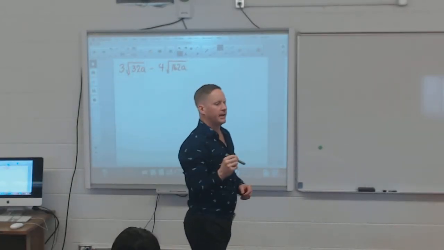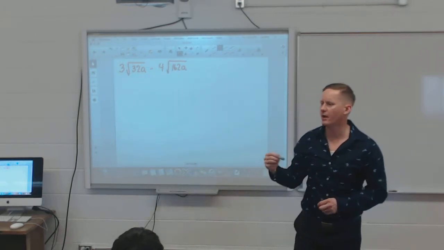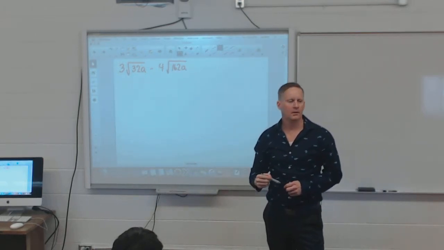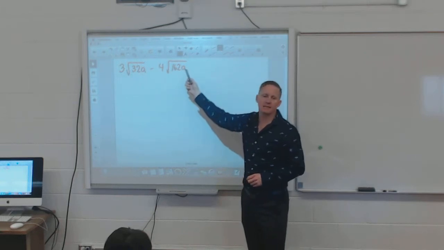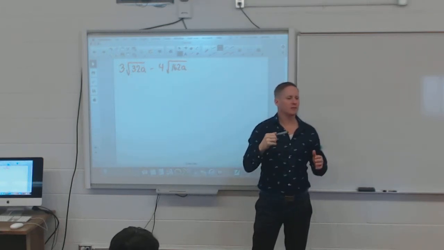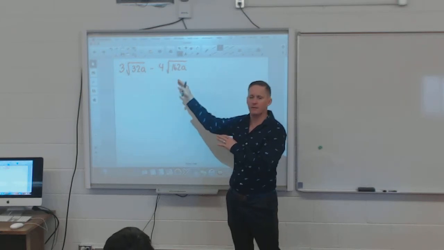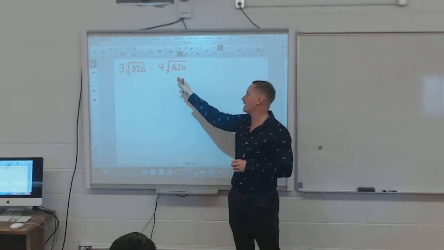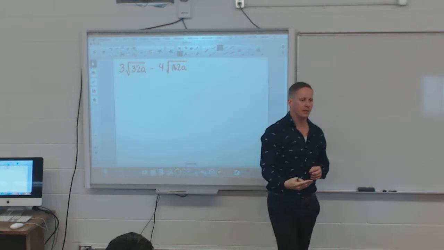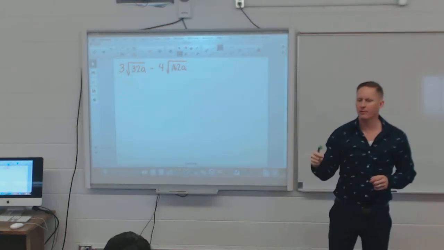The reason they put that in is you can't have a negative number in a square root. So a represents any number. If we were to solve it, we'd have to understand that a can't be a negative number. We all agree? Can't have the square root of a negative number.